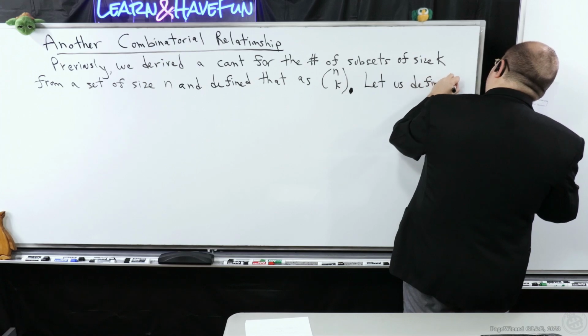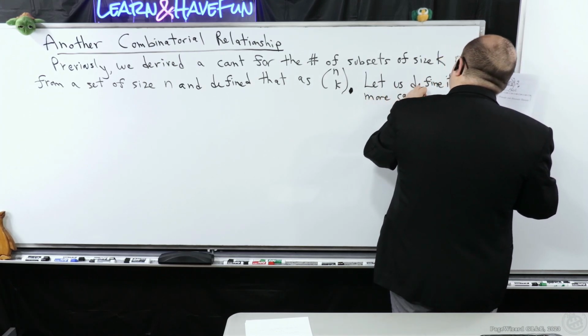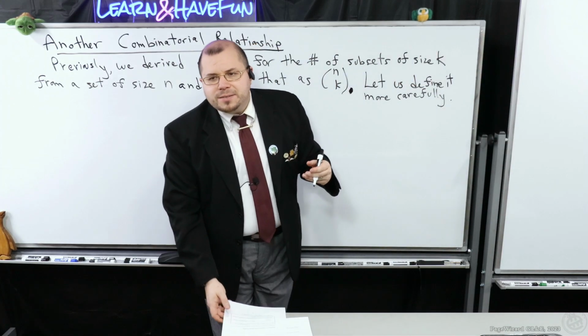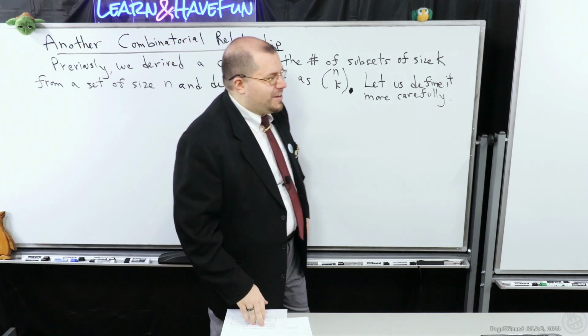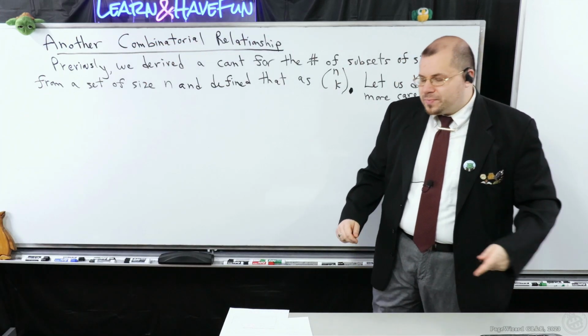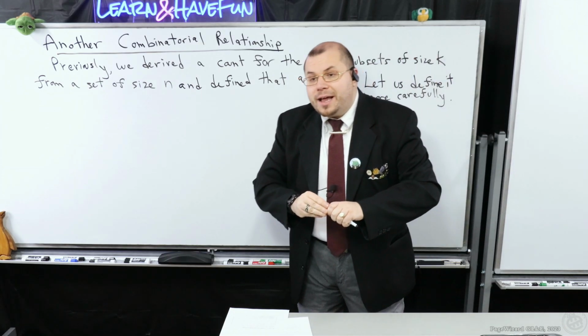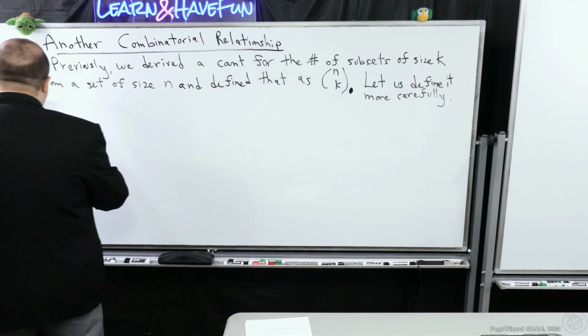I'm just going to add a little wrinkle to it, just because it makes it a little bit more convenient to have a few edge cases covered. And it'll make sense within this combinatorial way of looking at n choose k, what we're going to refer to as the binomial coefficient.